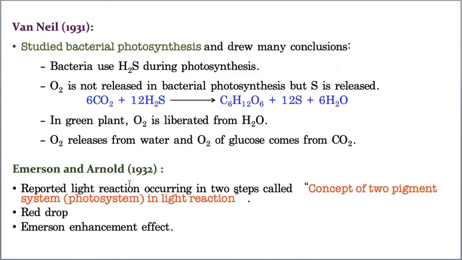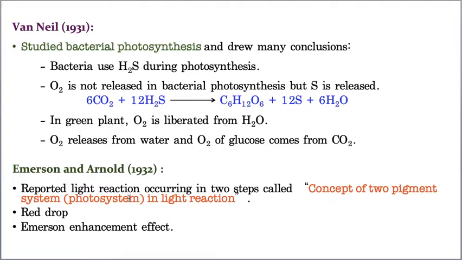The light reaction occurs in two steps, and these two steps together are called the concept of two pigment system, which is given by Emerson. He told that the light reaction takes place in two steps. This concept of two pigment system I will explain after one more class, as I need one more class for introduction.